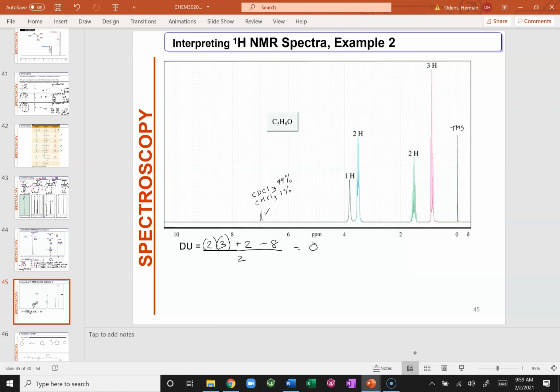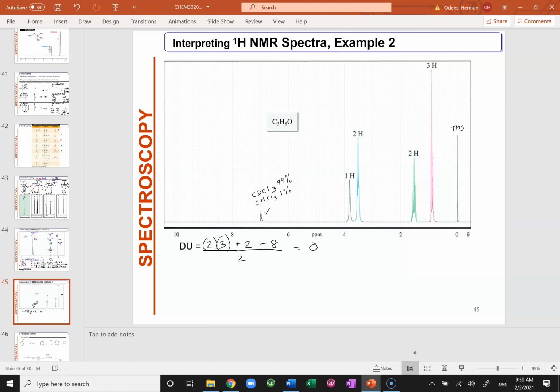Once you do that, all the shifts will move and they will all be standardized. And then you can reproduce your results the next time you run them. All right? So let's pretend that we have the chloroform there, because we're going to be doing absolutely nothing with it. So it's fine.